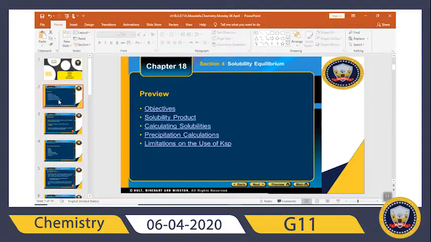The next slide is a preview of the section: objectives, solubility product, calculating solubilities, precipitation calculations, limitations on the use of Ksp. And you have to review Kw, Ka, K equilibrium, and today Ksp, the solubility product.